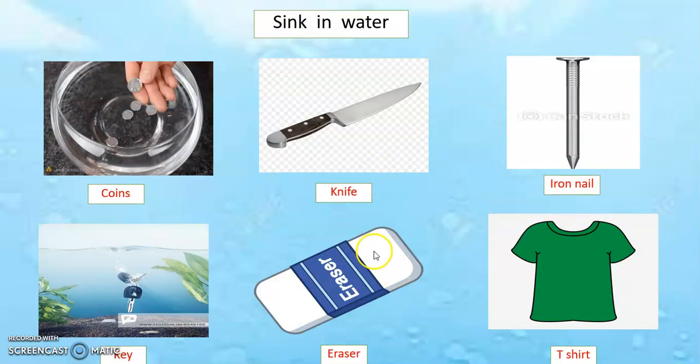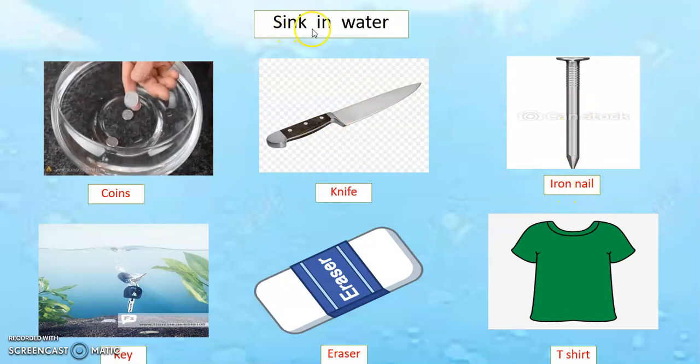These objects are examples of sink in water. Number 1 is coins, which sink in water. Number 2, knife sinks in water. Number 3 is iron nail.